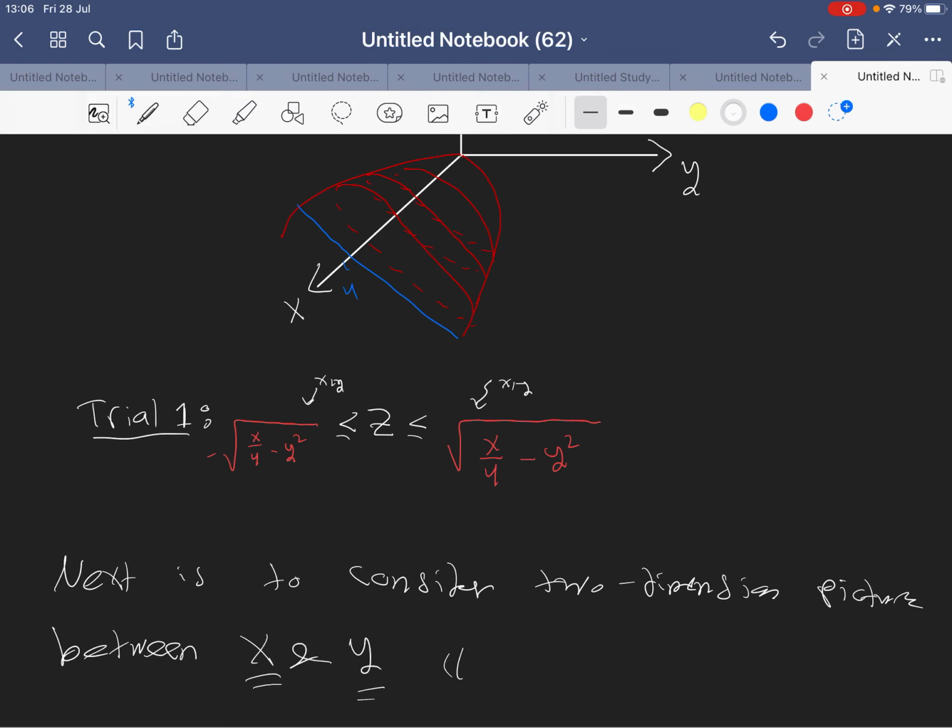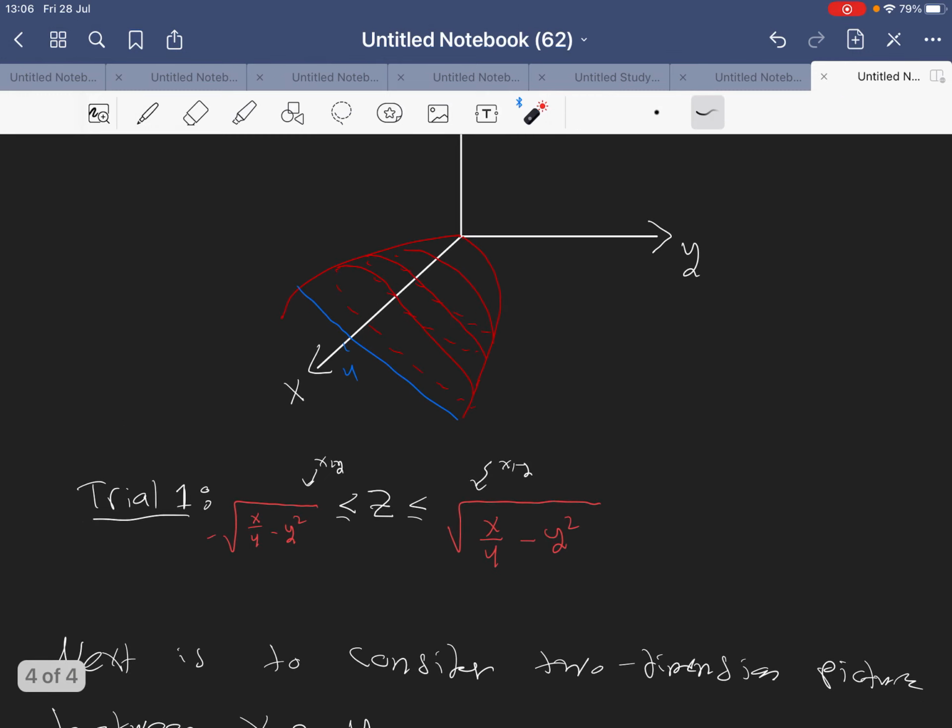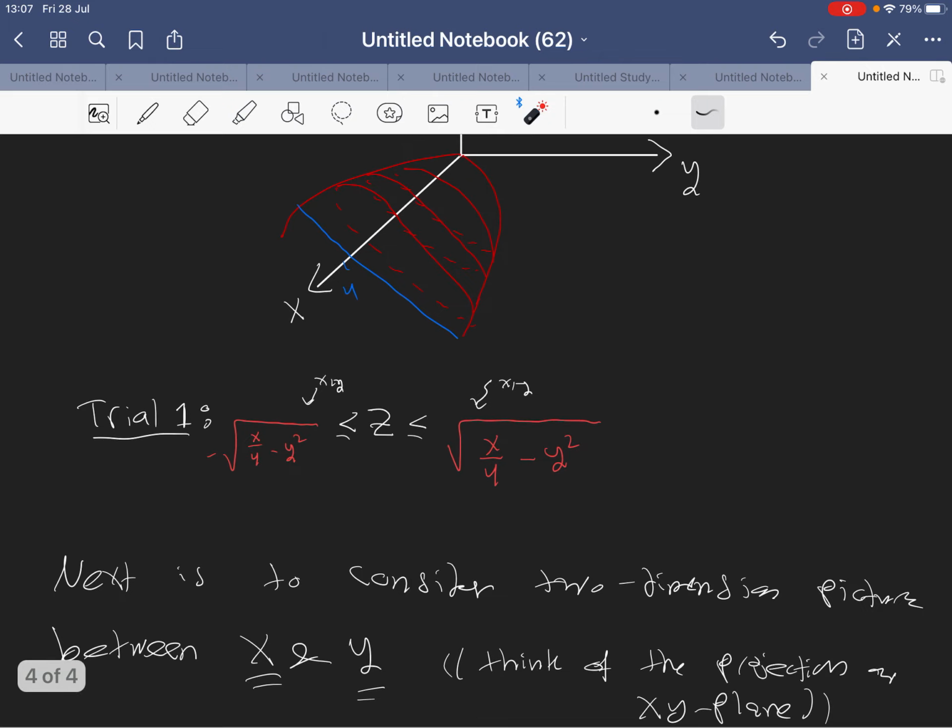Which means think of the projection on the xy plane. One way to look at the projection is to forget about z, imagine z is 0, and see what we get. So if we imagine z equals 0, we will get this blue part, which is kind of a parabola, and that's exactly my region.